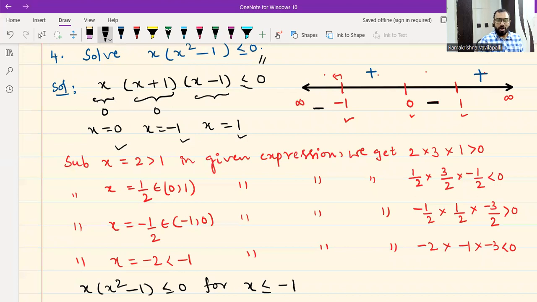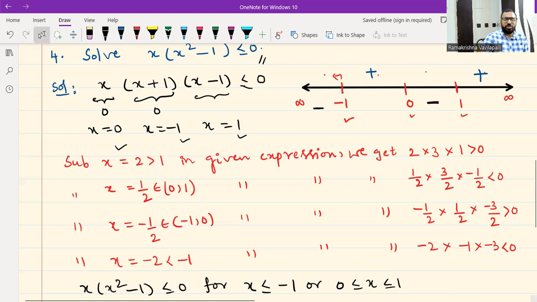Or x equal to 0, only x equal to 0. Or we want that x belongs to 0 to 1. So I'll write 0 to 1.